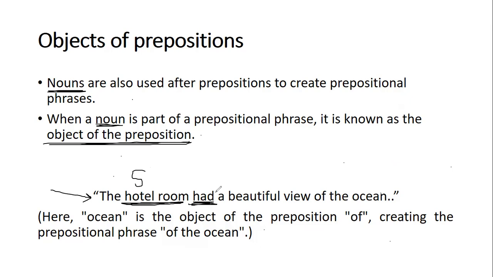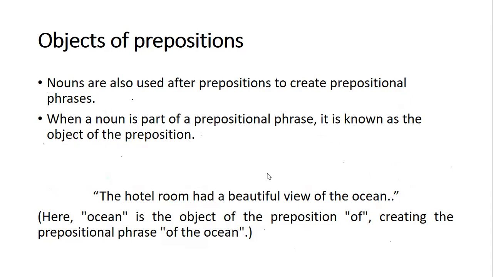It had a beautiful view of the ocean. So, what is the preposition? Of is the preposition, right? So, ocean is the object of the preposition of, creating the prepositional phrase of the ocean.